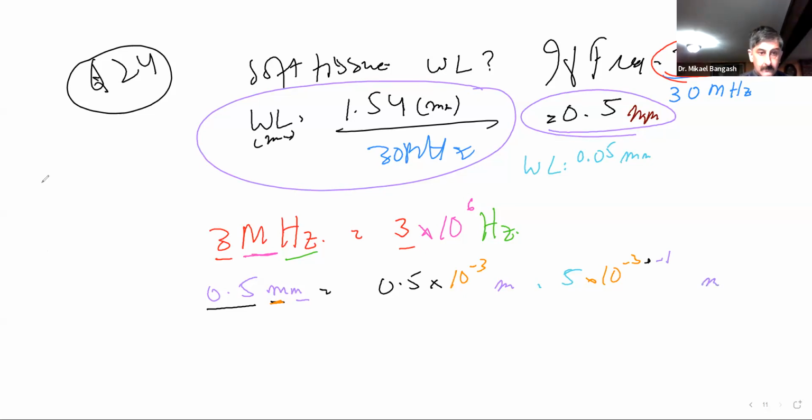So it becomes 5 multiplied by 10 raised to the power minus 4 meters. Did you guys get that? Yep.